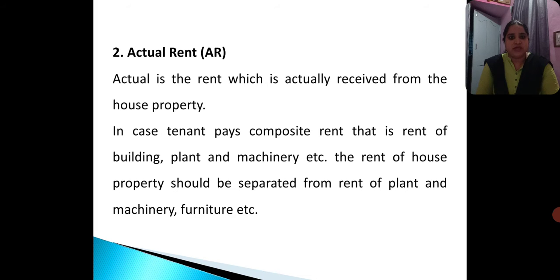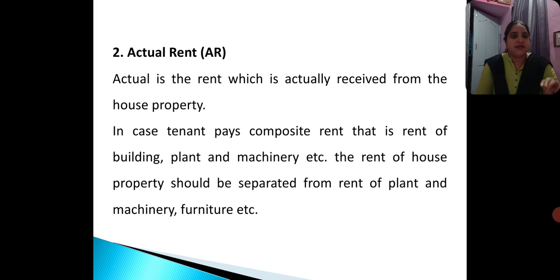So in such a case, if the tenant is paying composite rent that includes the rent for the house property as well as the charges for different services rendered by the owner, then under the head income from house property, when calculating the gross annual value, you are supposed to consider only the rent of the house property, and the charges for the services have to be excluded.